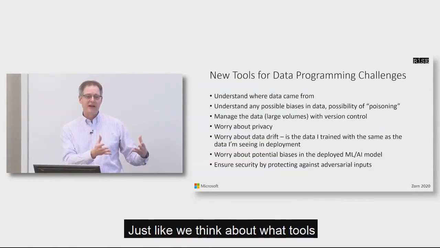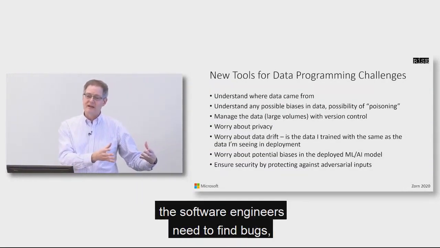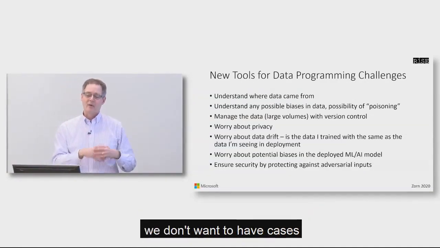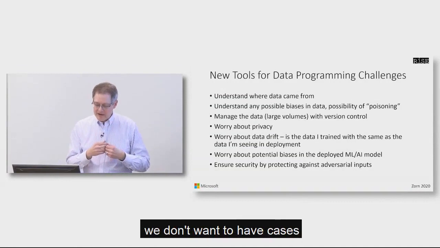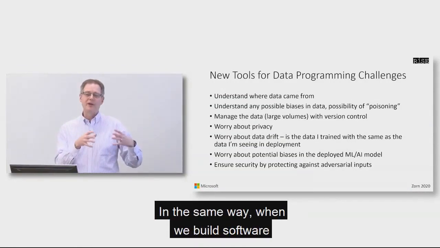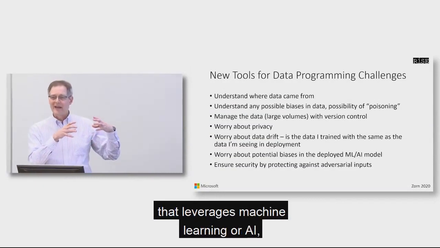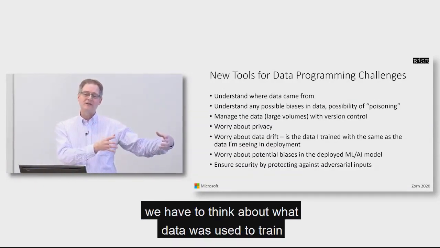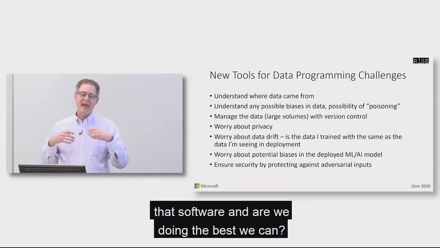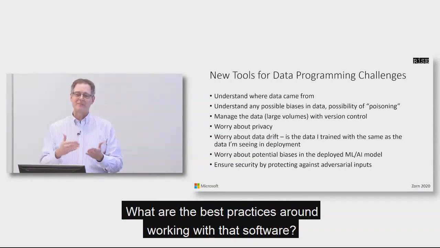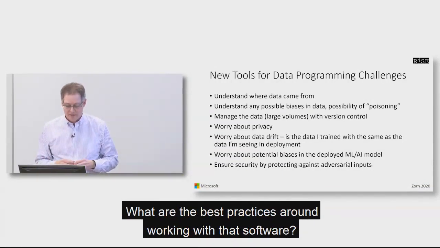And just like we think about what tools software engineers need to find bugs, we don't want security vulnerabilities, we don't want cases where the program crashes, reliability issues. In the same way, when we build software that leverages machine learning or AI, we have to think about what data was used to train that software, and are we doing the best we can? What are the best practices around working with that software?